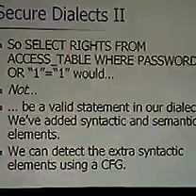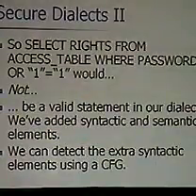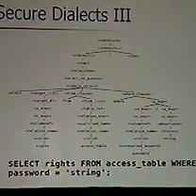All right. So this is a tree for the query which I showed you before: select rights from access table where password equals, well, in this case, string. Good luck reading that. It looks big and hairy, and it's actually a reduced version of the real PostgreSQL syntax tree for this. A couple of things I want to point out.